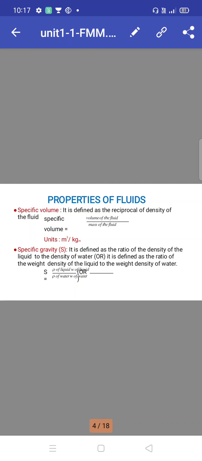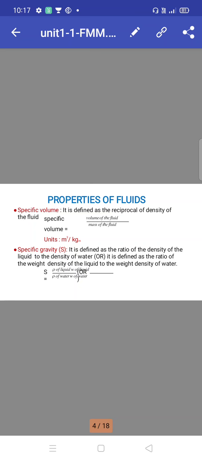So we have fluid as well as gas with mostly similar characteristics. For liquids, we have to consider water as the standard substance. When we are using gaseous state fluids, we can use air as the standard substance. So we can utilize both the terms.